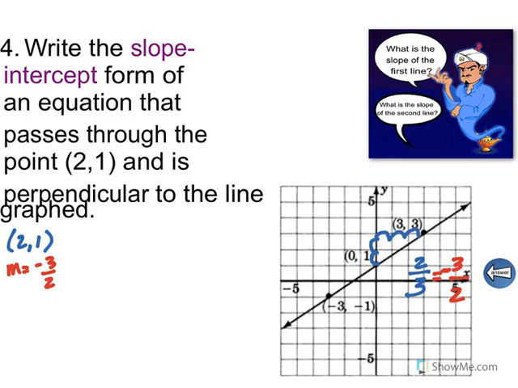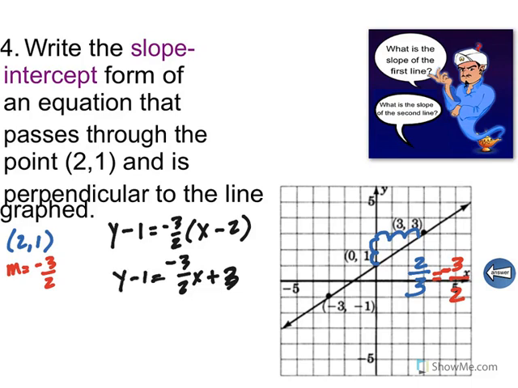I'm going to use point-slope form. So using point-slope form, I plug in my points and I write my slope. Then we distribute the slope, and I'm going to change it to slope-intercept. This will be negative 3/2 x plus 3, and then y minus 1.